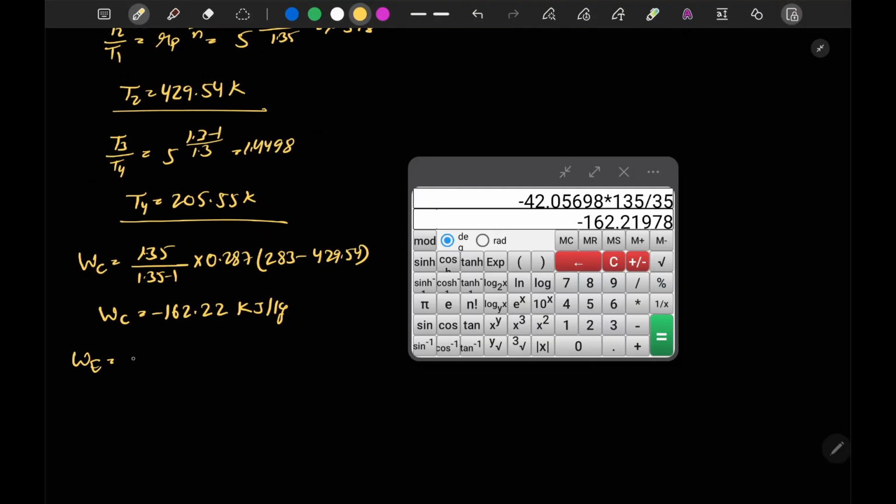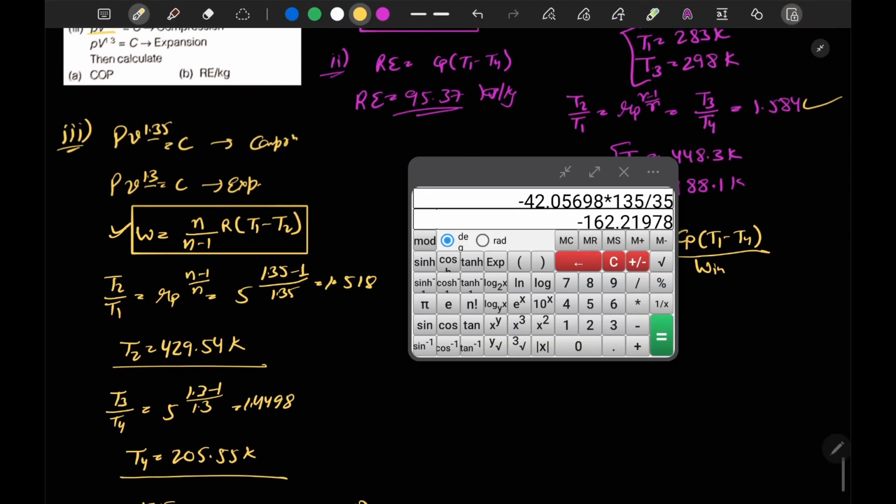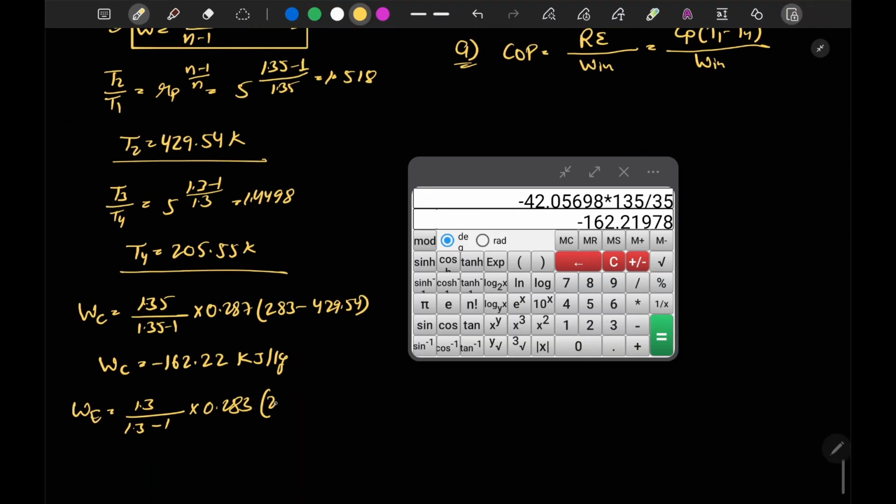Now if I want to calculate the work for the expander, it can be done with n equal to 1.3, so 1.3 upon 1.3 minus 1, into 0.287, into T3 minus T4. T3 is given as 298, minus T4, found to be 205.55.